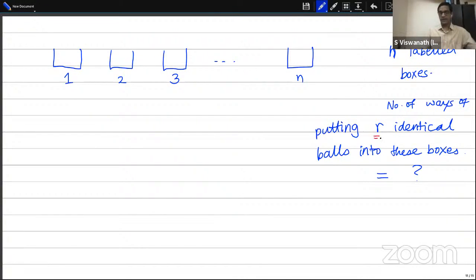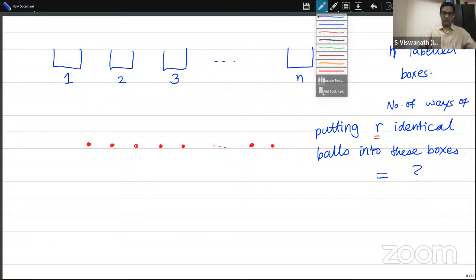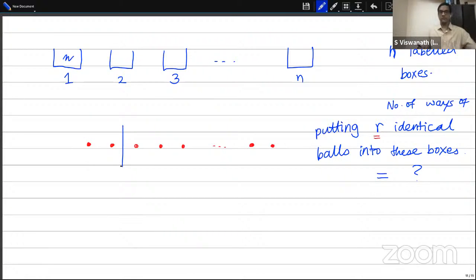See, there are r identical balls. So each ball you first think of as a dot. So there are r dots now. But how the balls are to be distributed amongst the boxes, that I will prescribe by putting dividers in the appropriate places. So depending on how many balls there are in the first box, so if there are 2 balls in the first box, I'll put the divider after the first 2 balls.